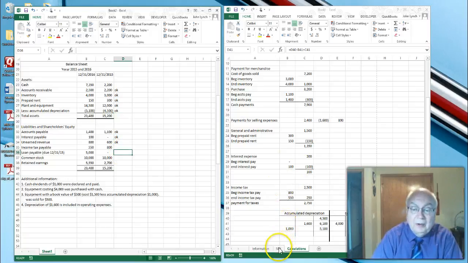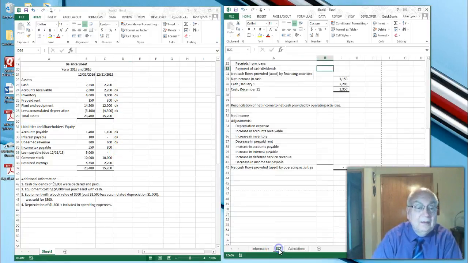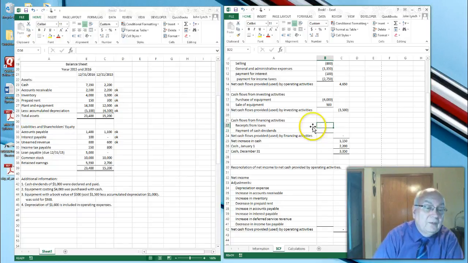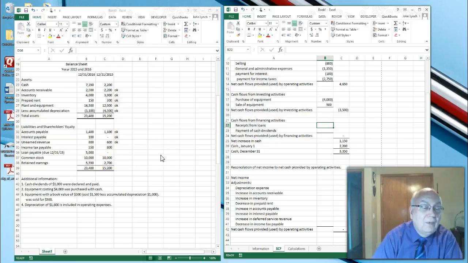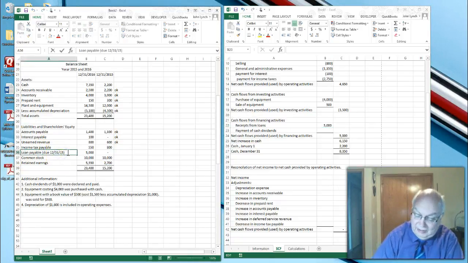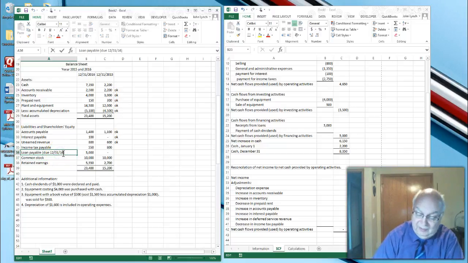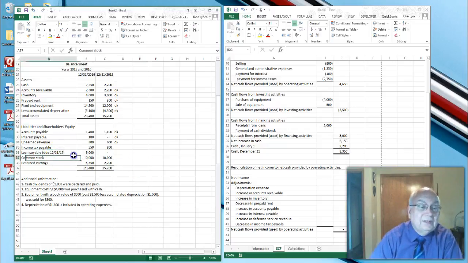Loans, when you borrow money or pay money back, are financing activities. So receipts from loans, if we look at our loans, we went from 0 to 5,000. So I think you've got to change that to 16, or maybe even 17. I don't know. Yeah, 17.